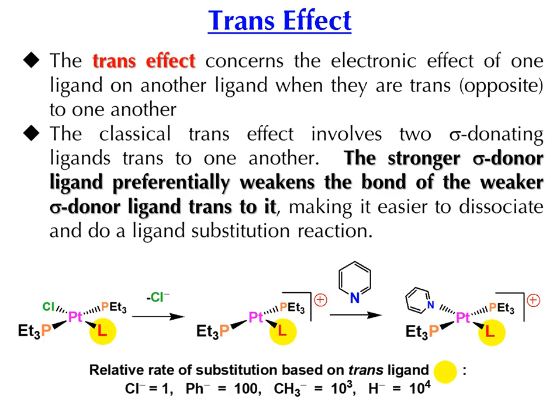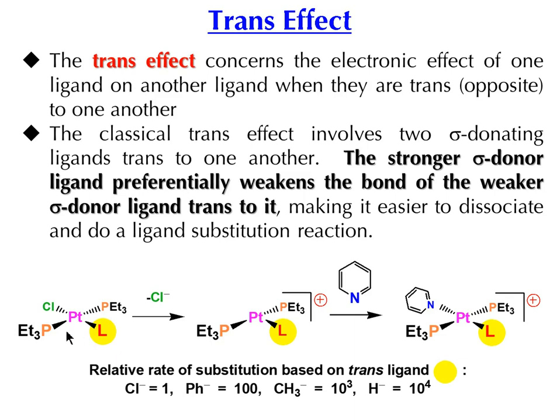Two pi acceptor ligands in trans position will weaken each other, so the dissociation is always easier. One sigma donor ligand and another pi acceptor ligand will strengthen each other, so the dissociation of the ligand would not be easy.